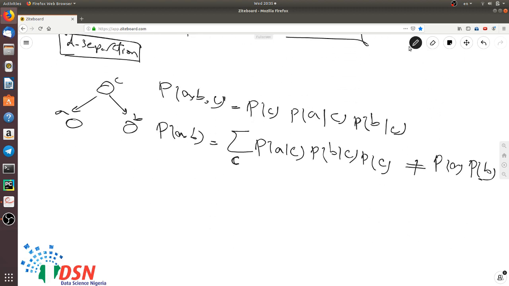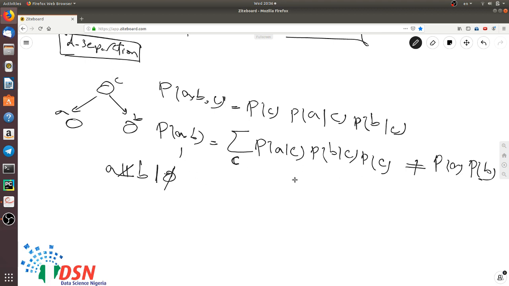So A and B are not statistically independent given, in here we don't have any condition. In this case we represent that by phi, which means given the empty set, which is nothing.